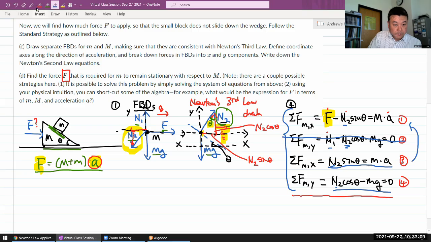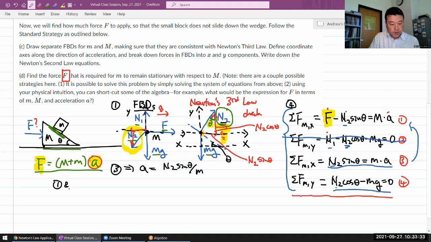So, okay, from my equations, let me slow down and go step by step. From my equation 3, I have this expression. I'm solving this for acceleration. My acceleration is N2 sine theta over small m. I'm going to plug that into equation 1.